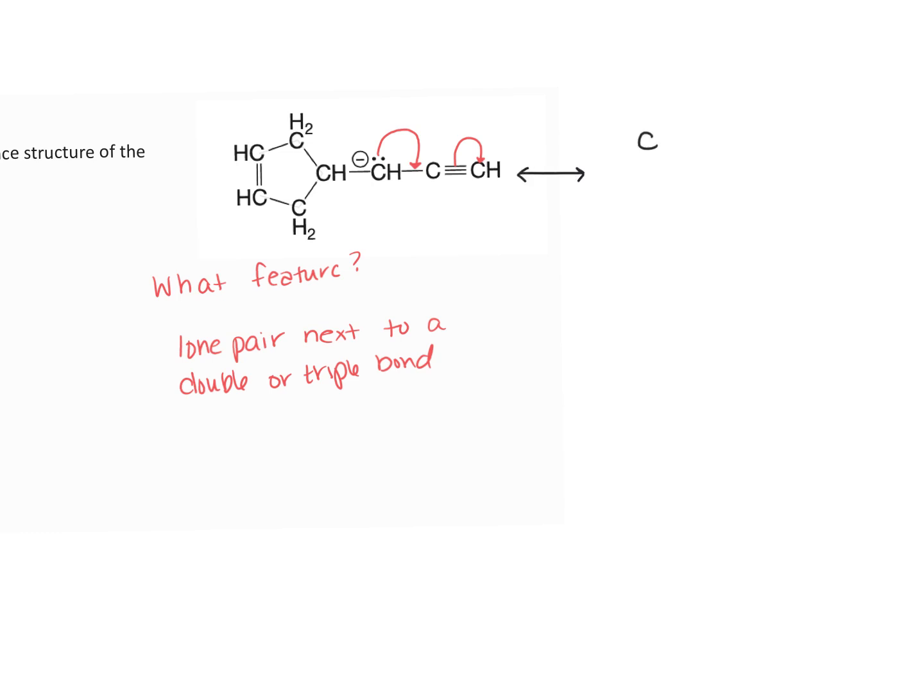Then we start out by drawing everything that's localized, that doesn't move. And then I'm going to follow my arrows, and now we've got another double bond here, and then we've got a lone pair of electrons there.